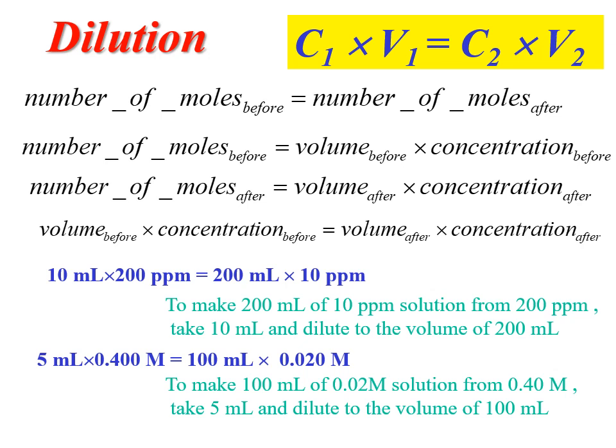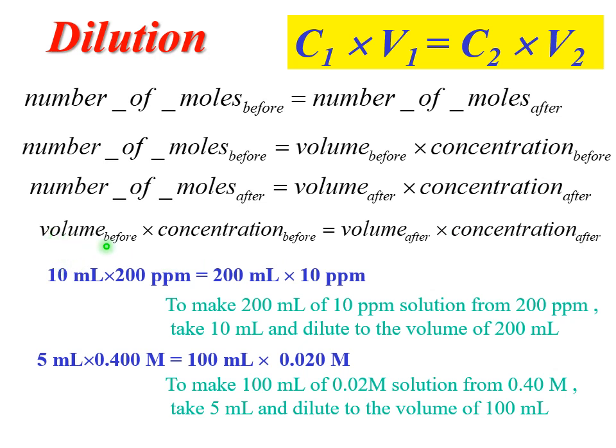Now quickly, dilution of solutions with molar concentration. Again, the number of moles before dilution and the number of moles after dilution is exactly the same. And the number of moles is equal to volume multiplied by concentration.